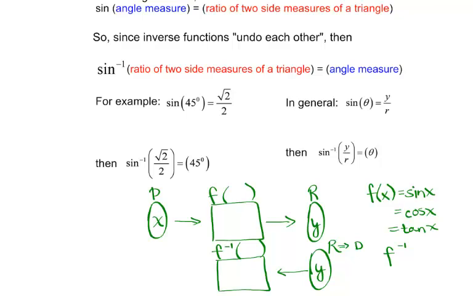It reverses the operation that was done on the original domain value. Then what has to come out, since it undoes the operation that was done here, is the original independent variable that I started with.